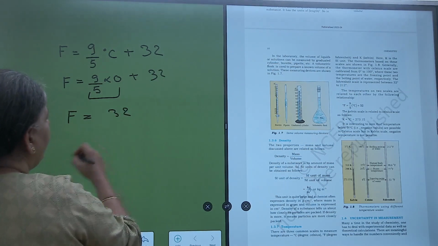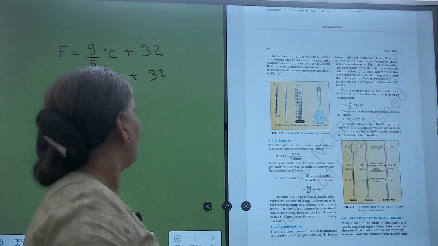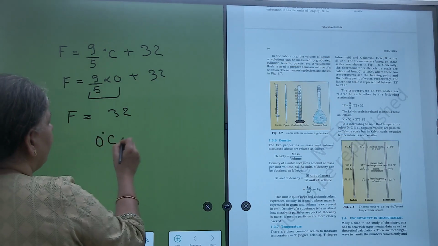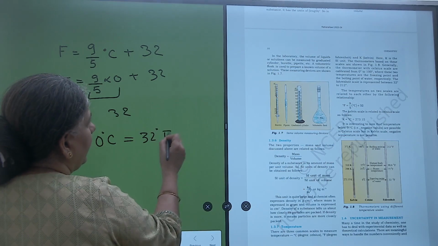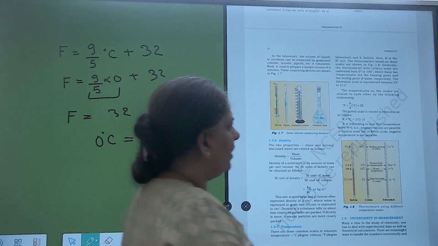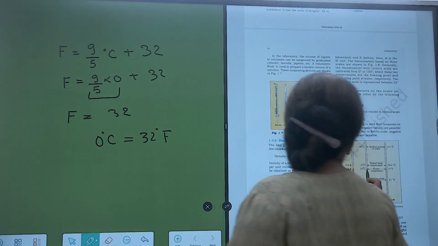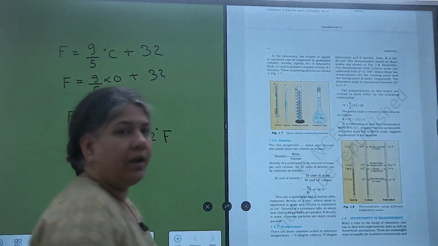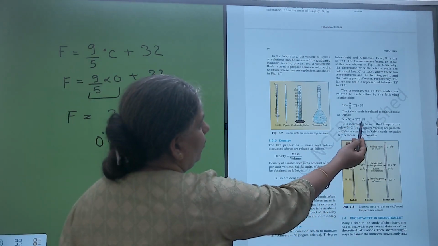So 0 degree Celsius is equal to 32 degree Fahrenheit. The freezing point of water is 0 degree Celsius, and on the Fahrenheit scale we get 32 degree Fahrenheit.